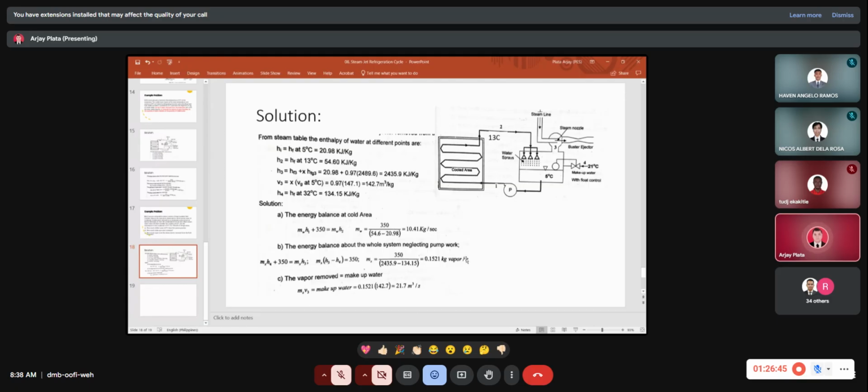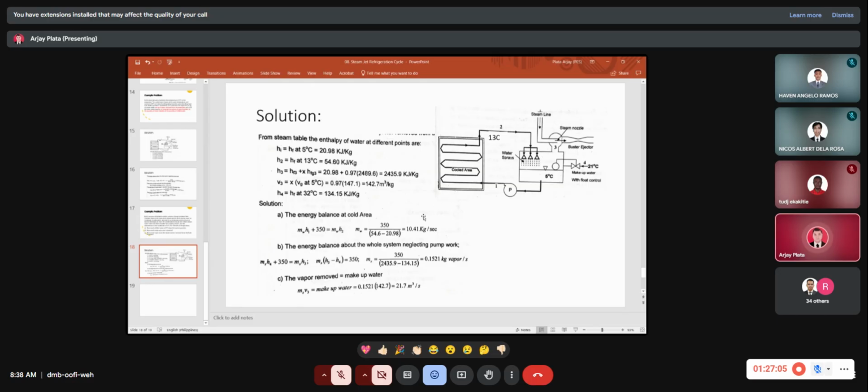So, by energy balance, we get this value. So this is just by energy balance in the whole system itself.